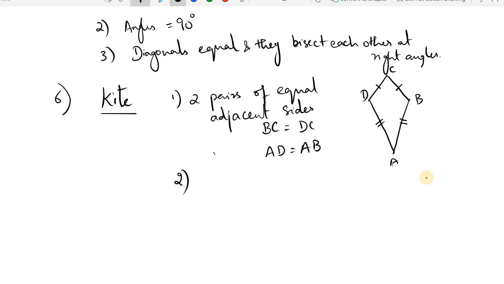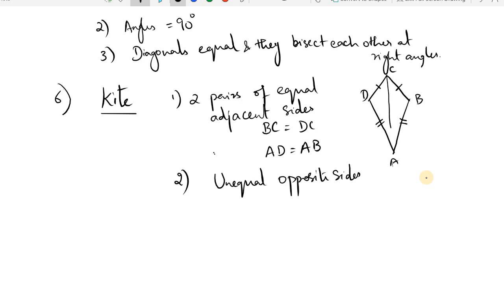Now the second point that you need to keep in mind is unequal opposite sides. Now unequal opposite sides, it's very clear here. CD is not equal to AB. AD is not equal to CB.